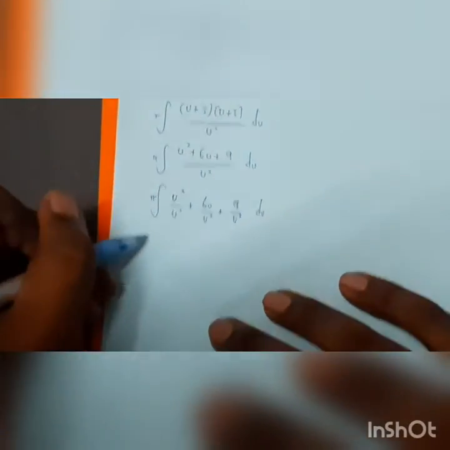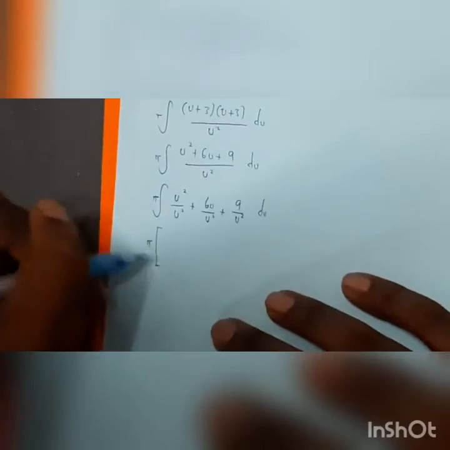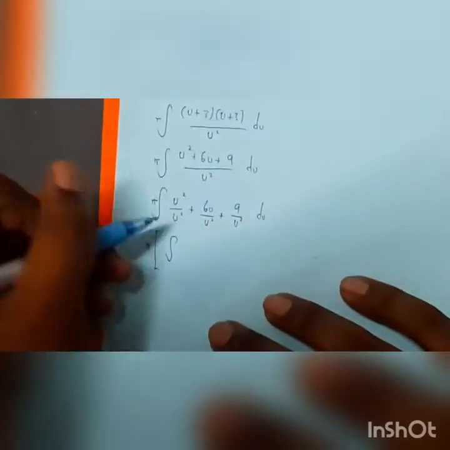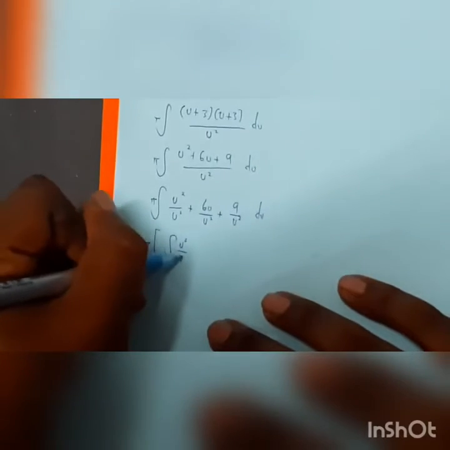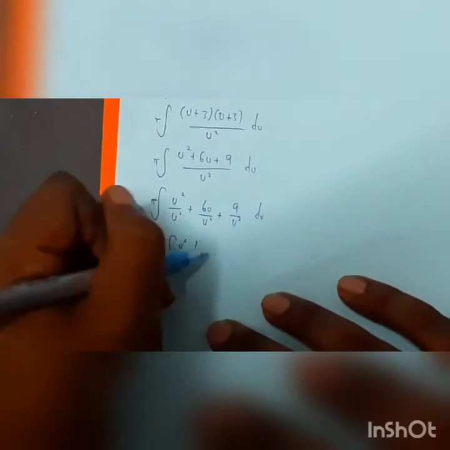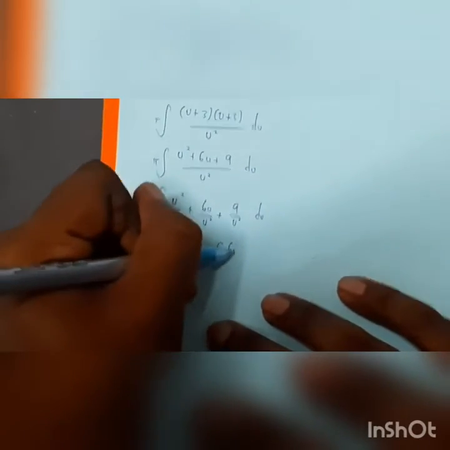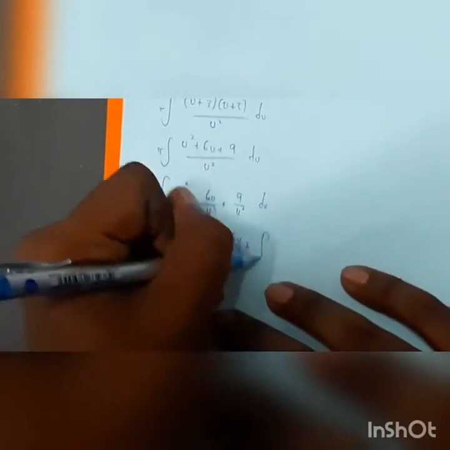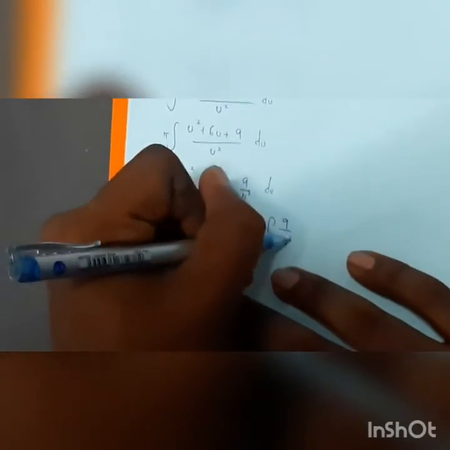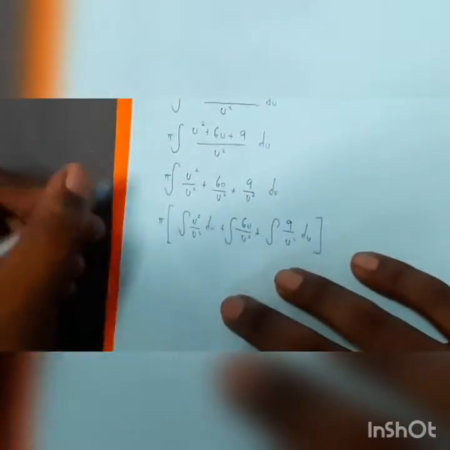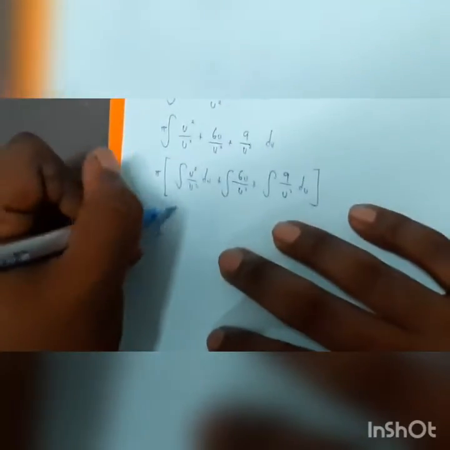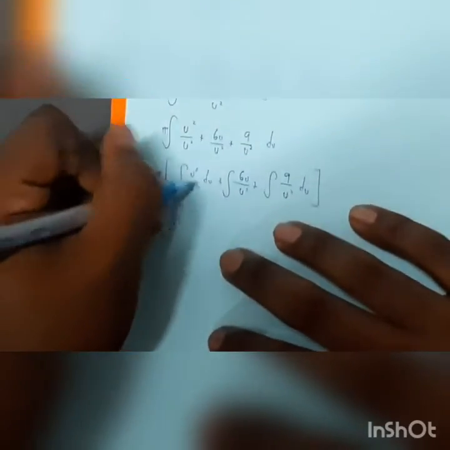At this point, we can integrate every single term separately. u squared over u squared is basically 1.